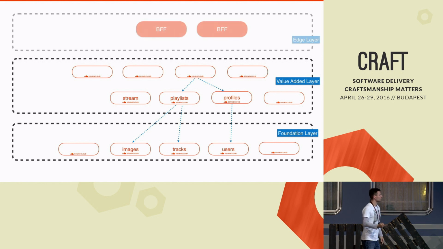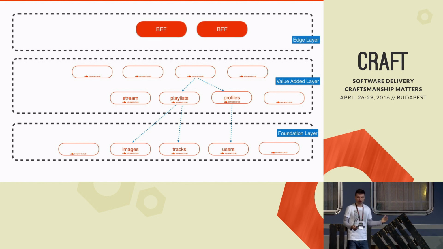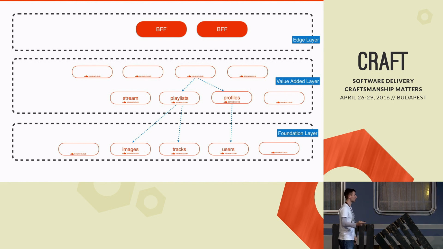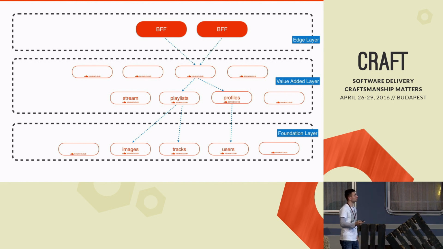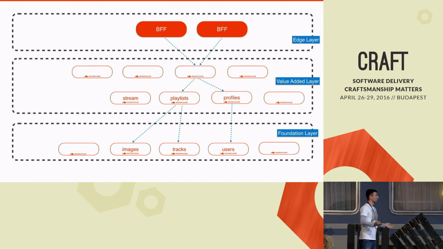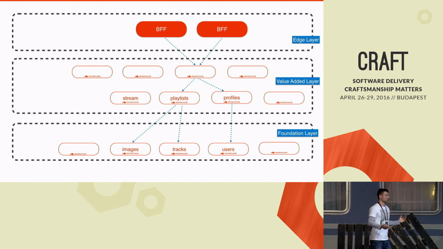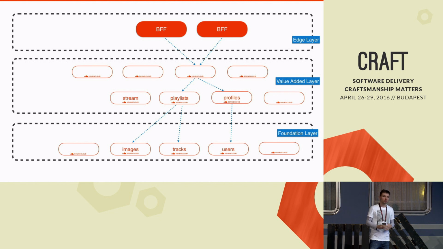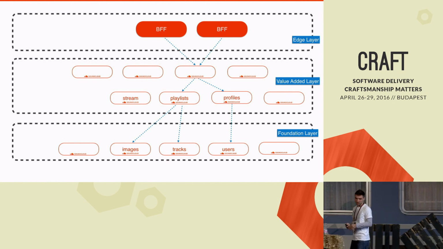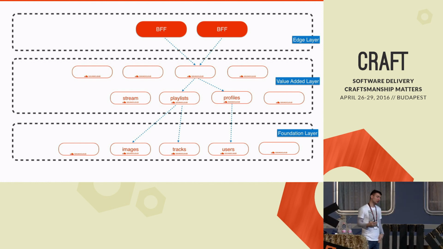And then at the very top, we have our BFF applications, and they live in a layer that we call the edge layer. BFF applications are responsible for fetching data from the services that live in the value-added layer. So this doesn't completely solve the problem of having too many or complicated dependencies. But at least it is giving us a guideline for thinking.